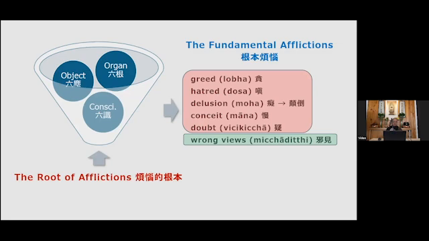If you still keep your root of afflictions, no matter how you handle those fundamental afflictions like greed, hatred, delusion, and their derivative afflictions, they're still there because the root is still there.